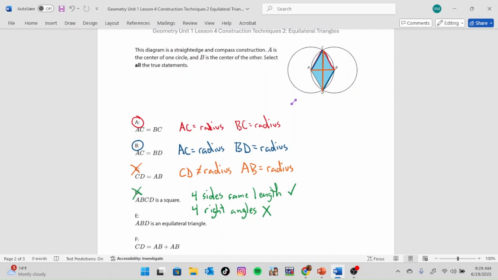Choice E. A, B, D, which is this bottom half of the blue shaded region, is an equilateral triangle. Well, AB is a radius. AD is a radius.